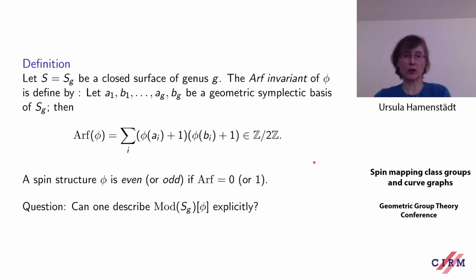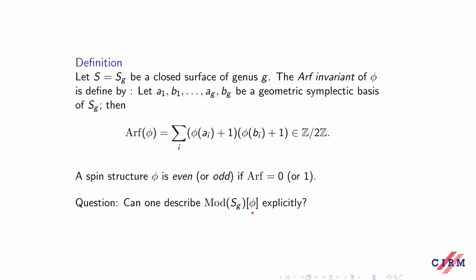Now a spin structure phi is called even or odd if the Arf invariant is 0 or 1. And now the question is, can one describe the spin mapping class group, that means the stabilizer of phi, explicitly? And this is what I'm trying to convey to you, that in some sense this is possible.